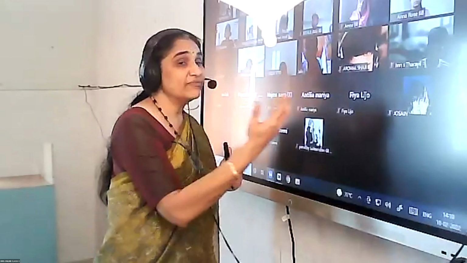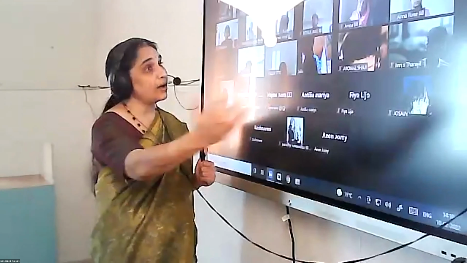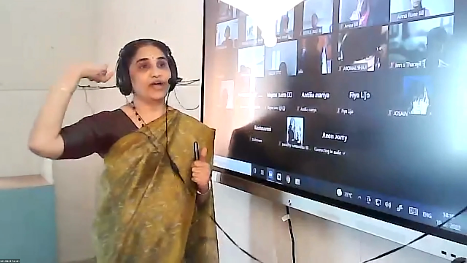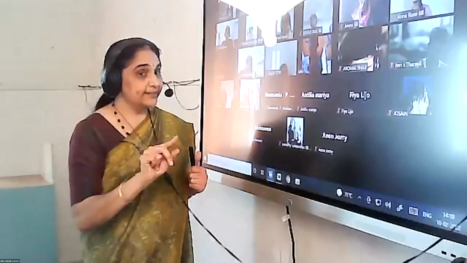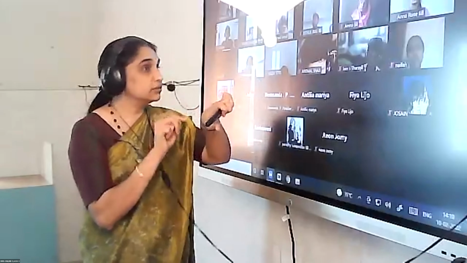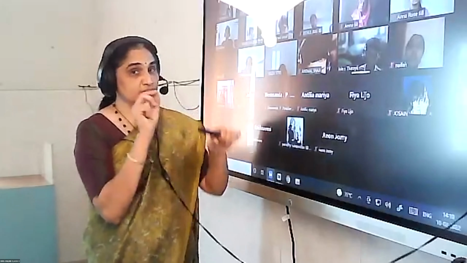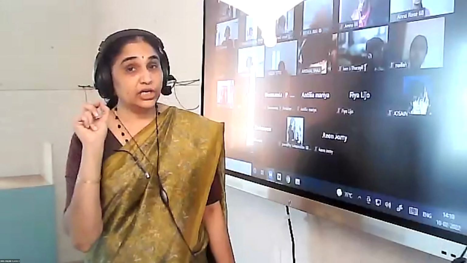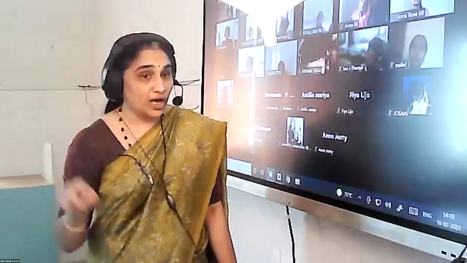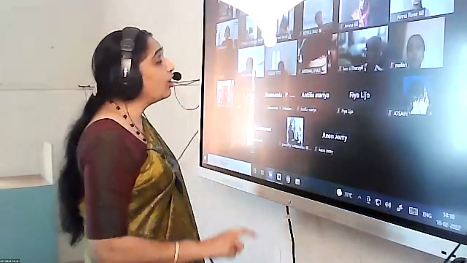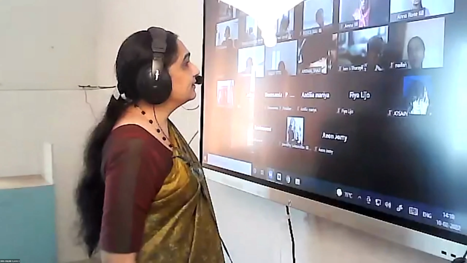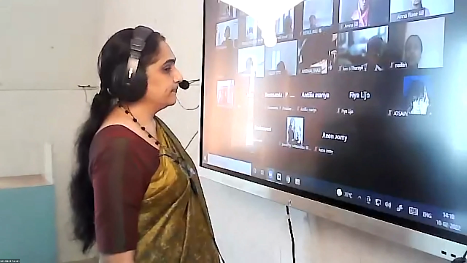Circular movement means when it takes a circular path, like the blades of the fan, the planets around the sun. Then one more: the hands of the watch. The tips of the hands of a watch are an example of circulatory motion. Clear?